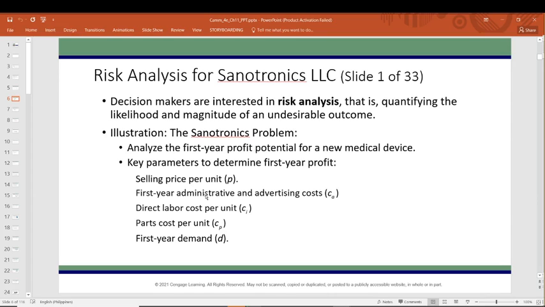After conducting market research and a financial analysis, Sonatronics estimates with a high level of certainty that the device's selling price will be $249 per unit, and that the first-year administrative and advertising costs will total $1 million.